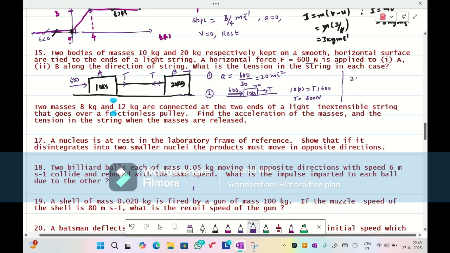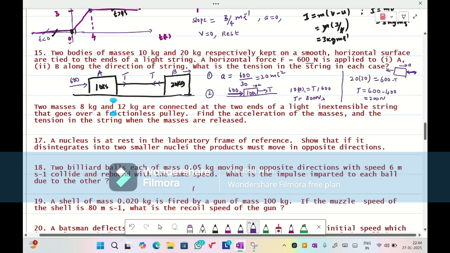Therefore 20A is equal to the free body diagram for 20 kg: acceleration, and there is 600 Newton and tension. Maybe in the direction of 600 you take along the string. Therefore 600 minus T, then T is equal to 600 minus 400, so that is equal to 200 Newtons. So here 800 Newton came, so this is wrong. We have to check now.